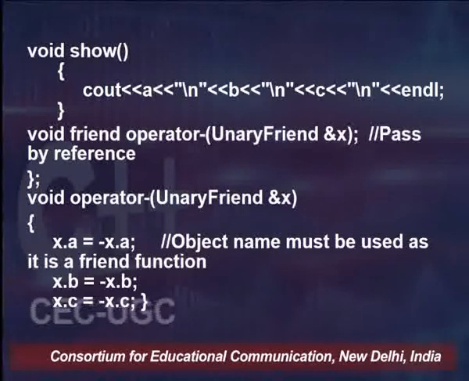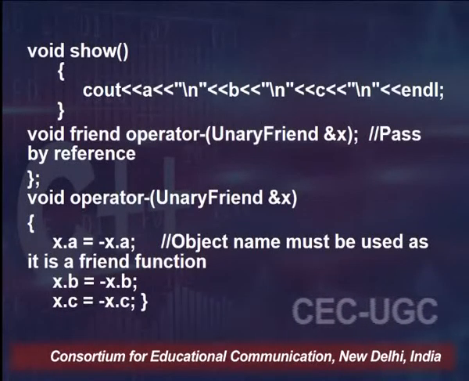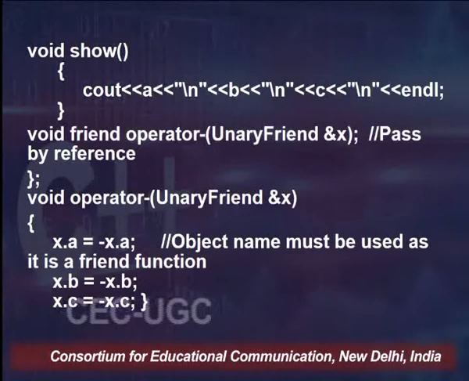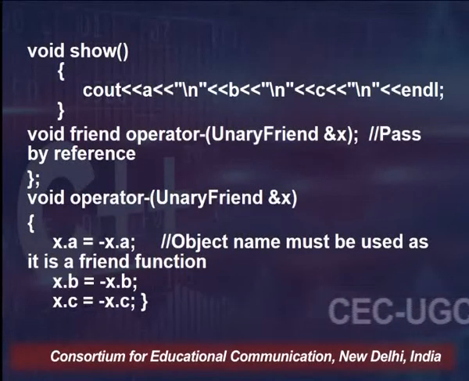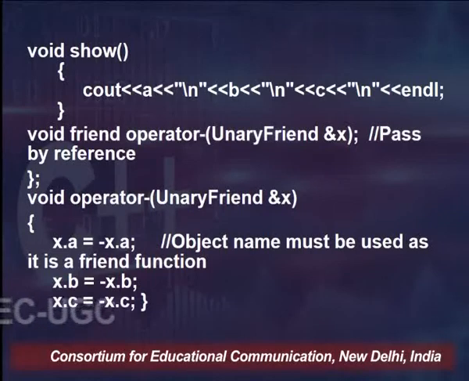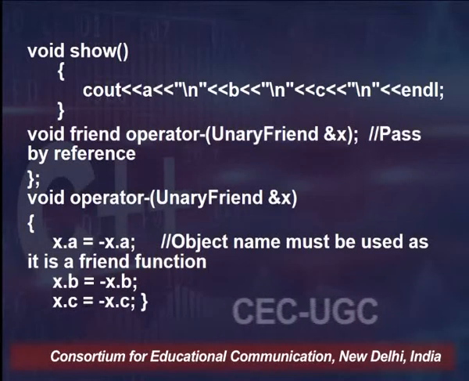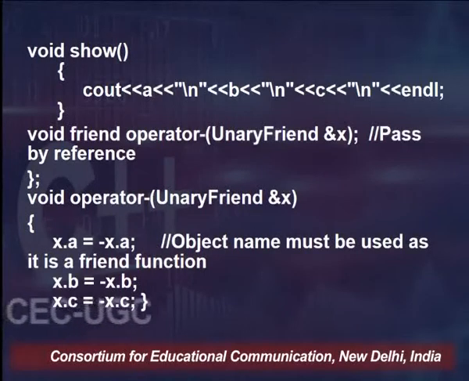Now, coming to the next function, for the output, which is cout of a, b and c on different lines. Now, what is important here is the syntax or the prototype of the operator function, which is defined as a friend function.